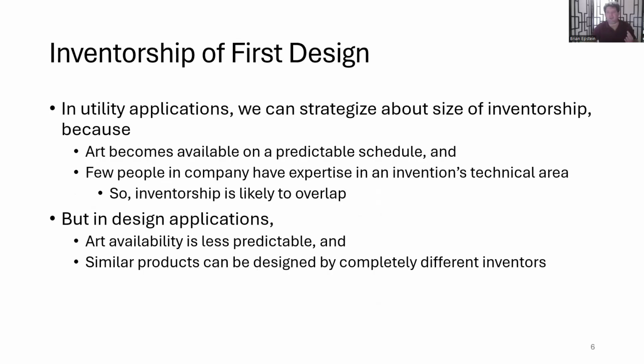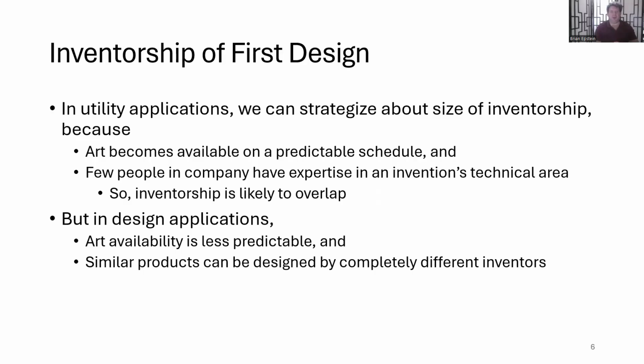So the first issue we encounter is one of inventorship. And I kind of need to discuss utility applications for a second, because in those types of applications, we can strategize about the size of inventorship, right? The art becomes available on a predictable schedule.